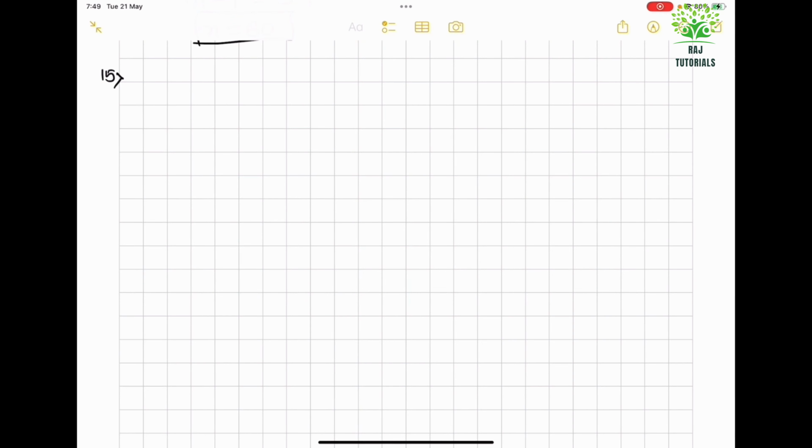Now the 15th one is, for what value of n are the nth terms of the APs 63, 65, 67 and 3, 10, 17 equal. So I have to find the value of n for which the nth term is equal in both.